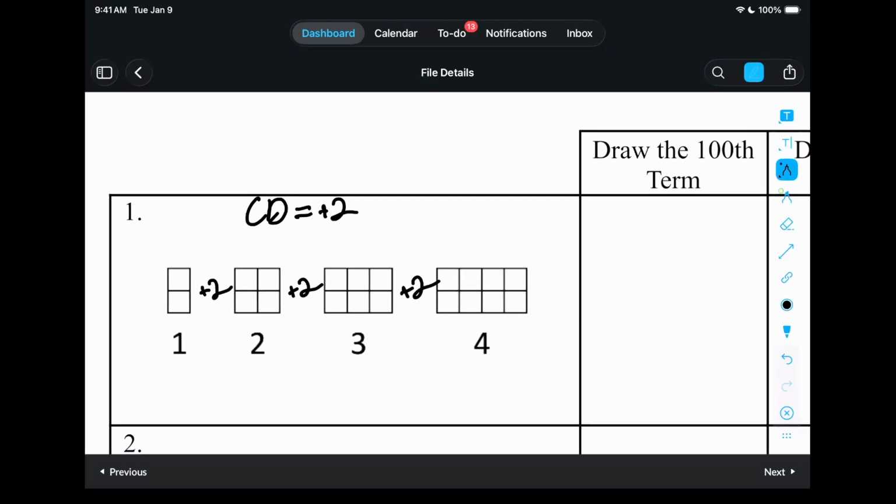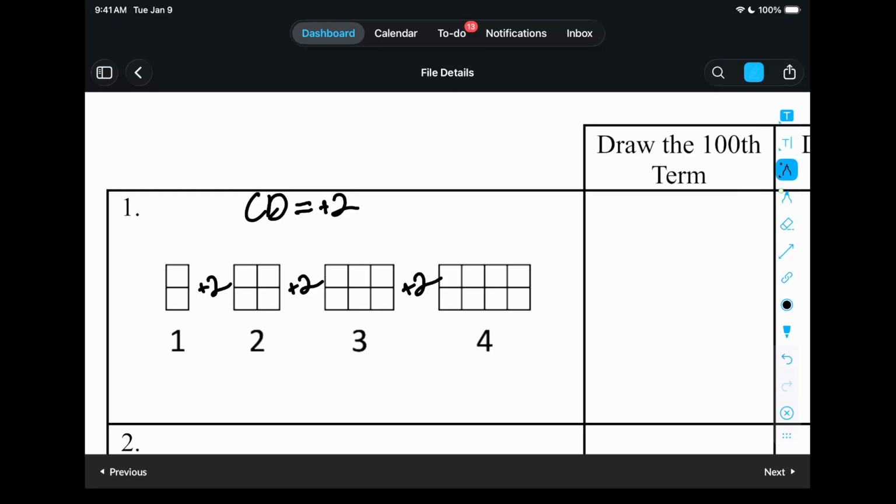Draw the 100th term. Going with what I just did to draw a fifth term as an example, now I'm not going to draw it all out and do all the boxes. That's a lot. So I'm going to draw a giant box here, and these are both 1.